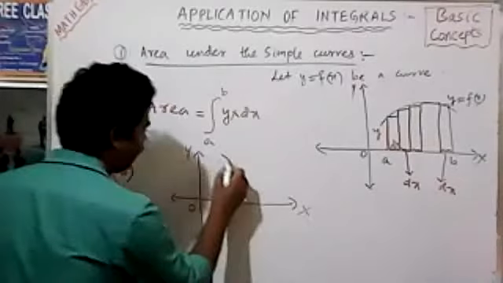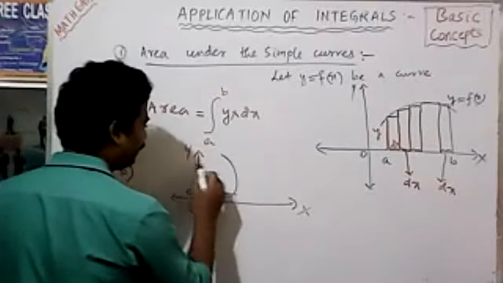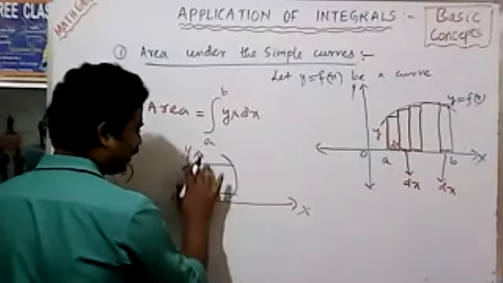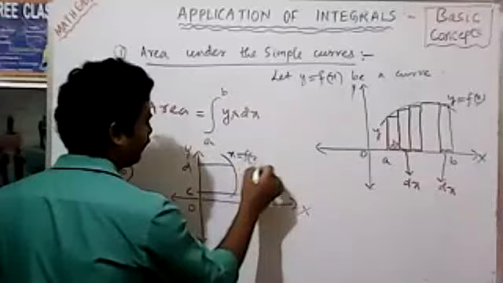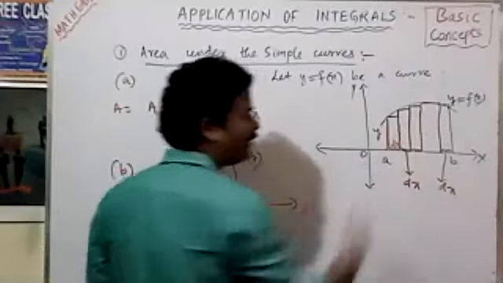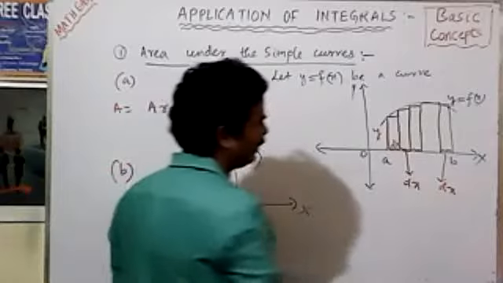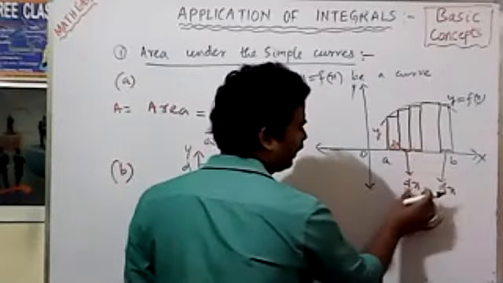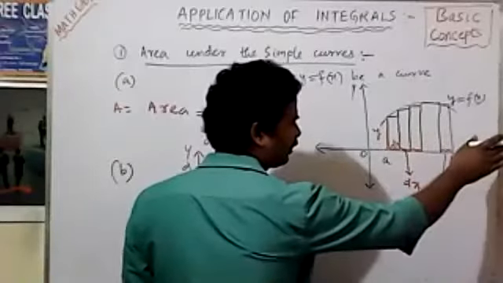This is C, this is D. That's why the generation comes as x is equal to f(y). Here y is equal to f(x) is given. So the small changes come: dx is the small change, towards the x-axis.